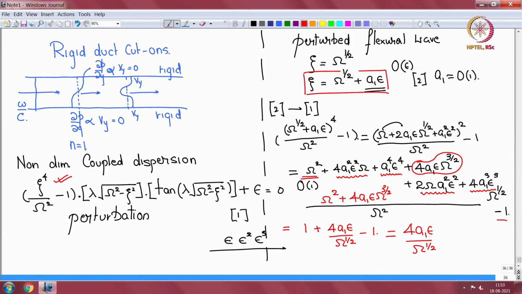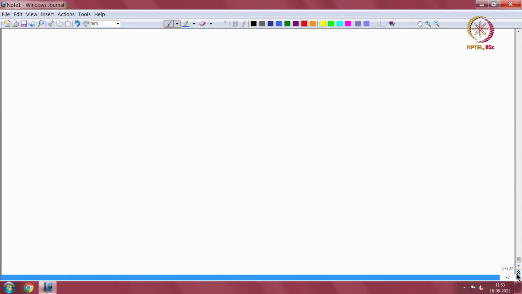We have the other terms also to take care. Okay, so what to do? Let's see. So I have the second term here. Let me write xi as omega to the power half plus a1 epsilon, and the term is lambda square root of omega square minus xi square.